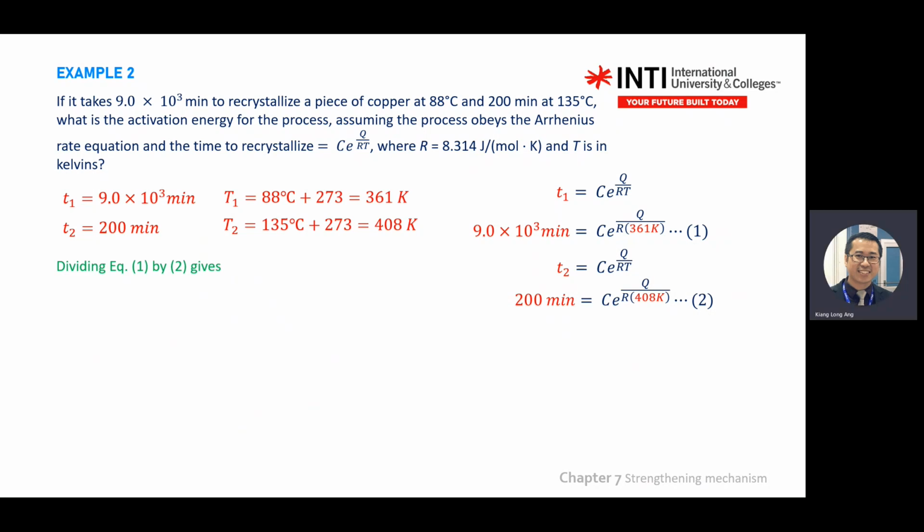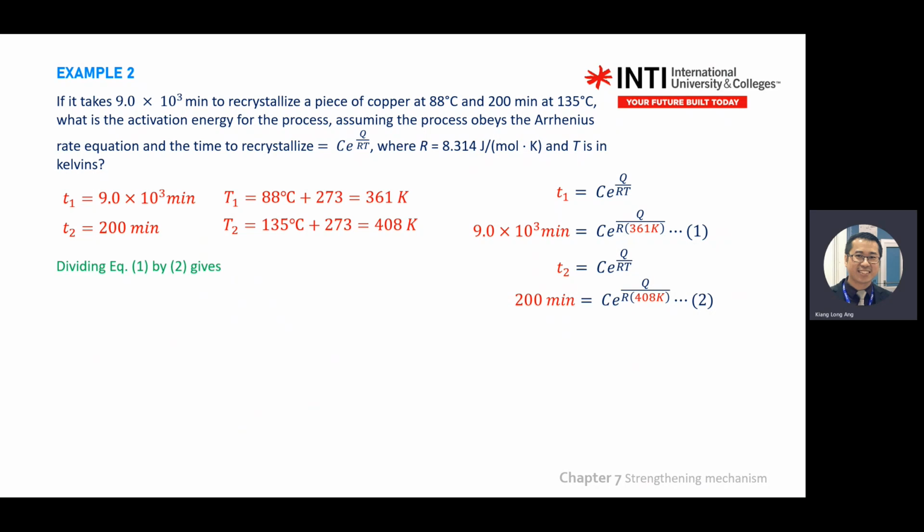Okay, so this is the equation given in the question: t equal to C e^(Q/RT). You put in the time, 9.0 times 10 to the power 3 minutes, equal to C e^(Q/RT).